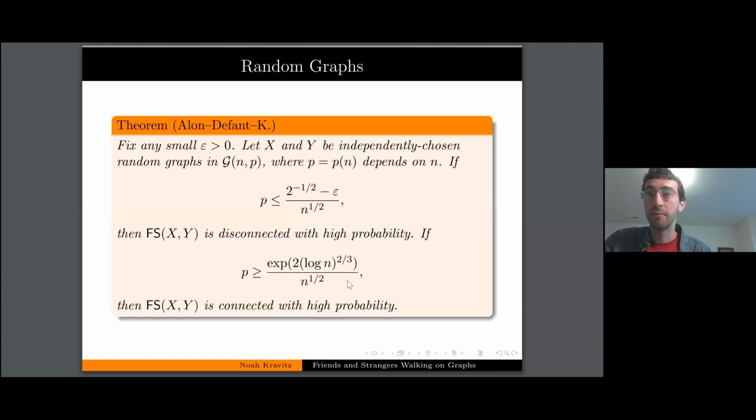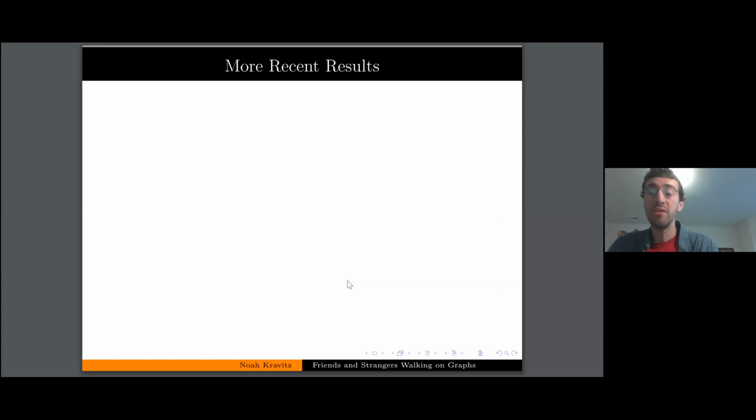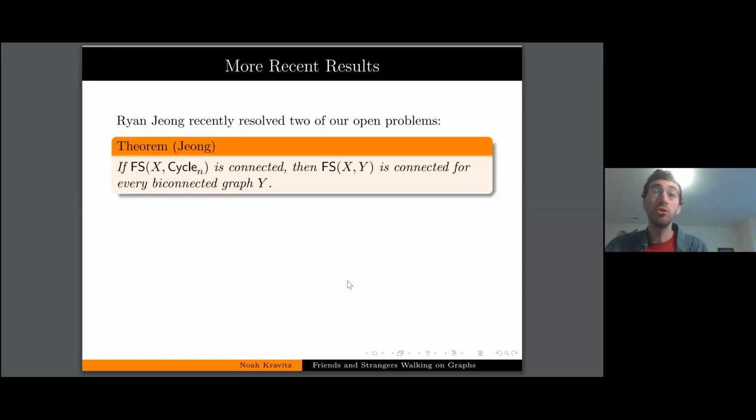Okay. So I want to mention briefly some more recent results. Ryan John recently resolved two of our open problems. The first thing that he showed is that if the friends and strangers graph of X with a cycle is connected, then the friends and strangers graph of X and Y is connected for every biconnected graph Y. This is sort of natural. You can ask, what are the graphs X such that the friends and strangers graph of X and Y is connected for every biconnected graph Y?